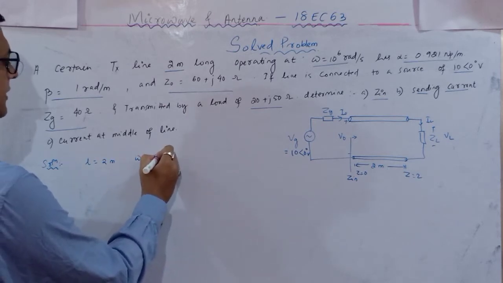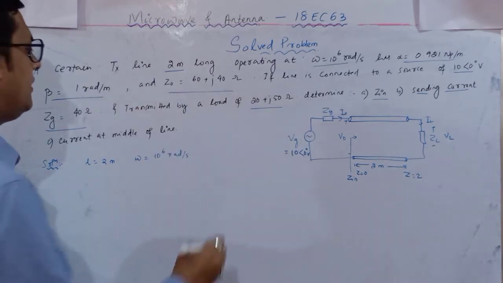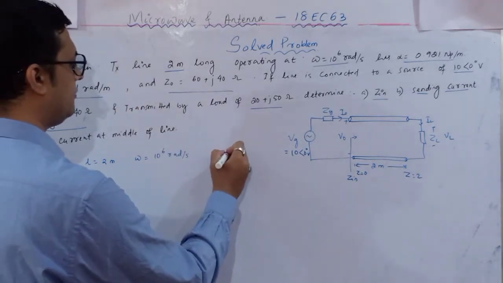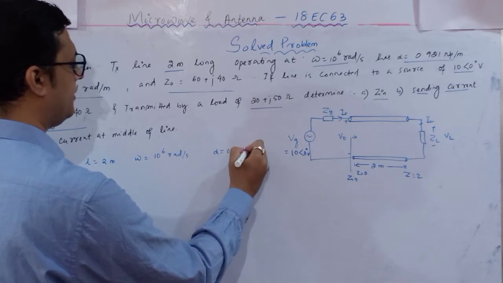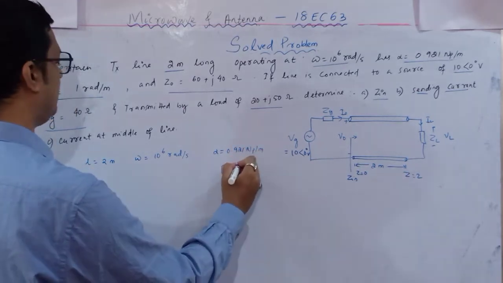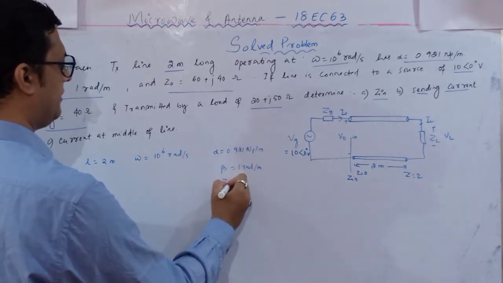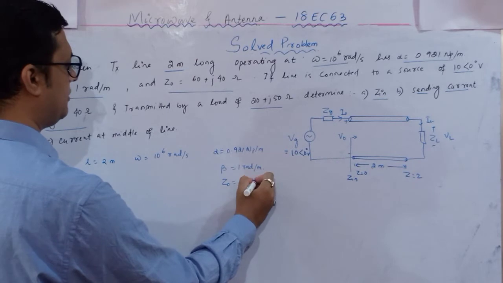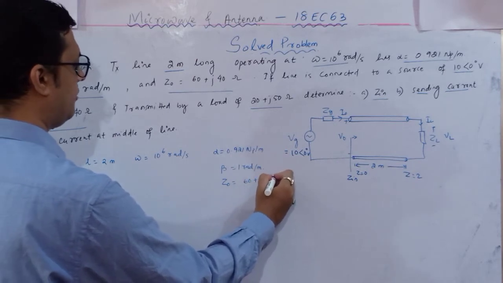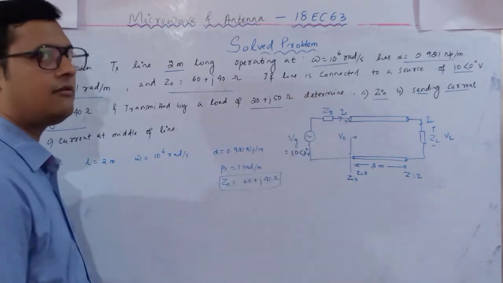Operating angular frequency is 10 to the power 6 rad per second. Done. Alpha is equal to 0.921 Nepper per meter. Beta is equal to 1 rad per meter. And Z0 is equal to 60 plus j40 ohm. This is the characteristic impedance which remains constant throughout the line.